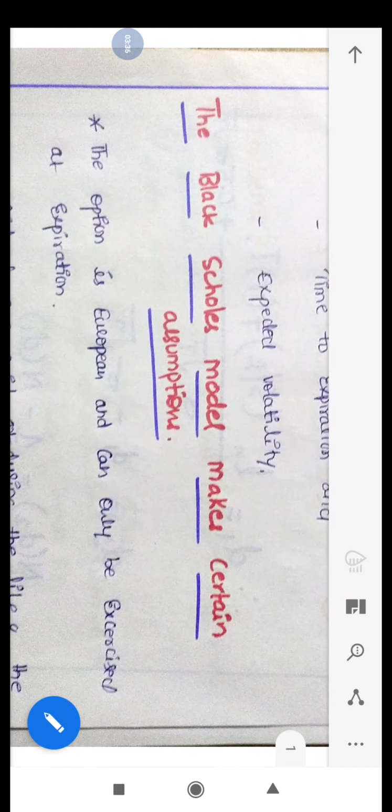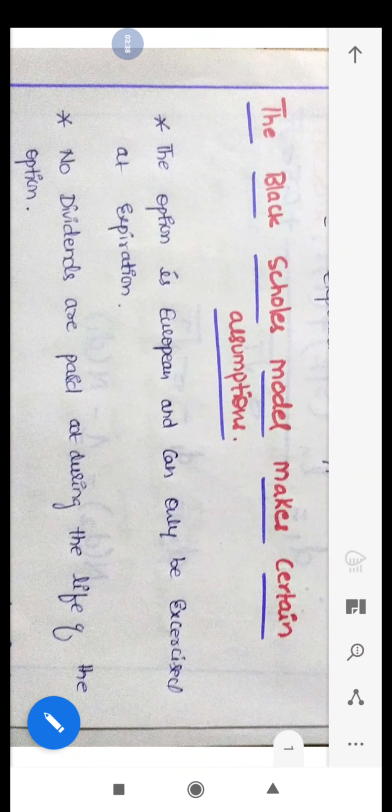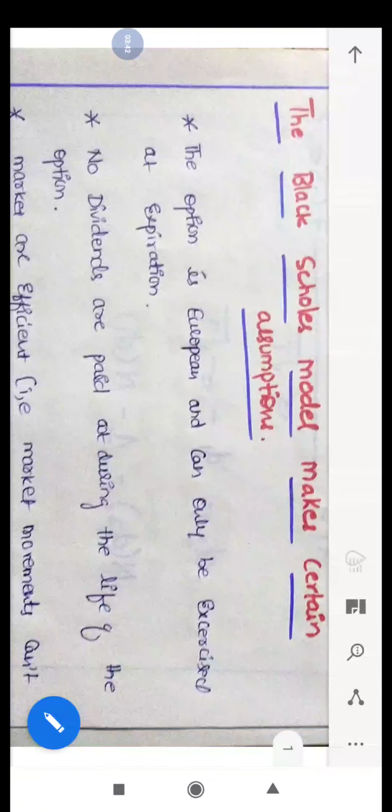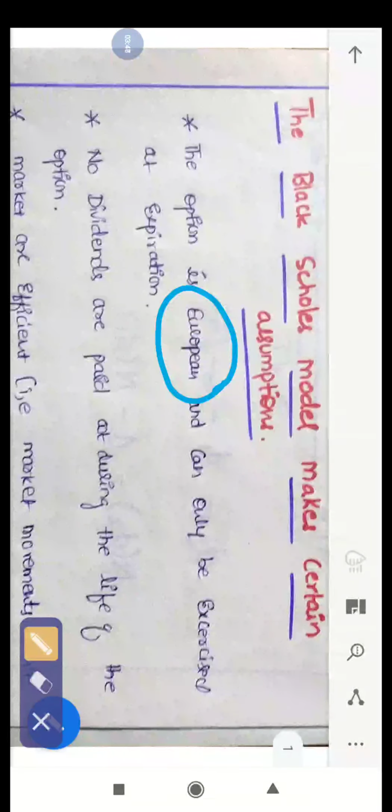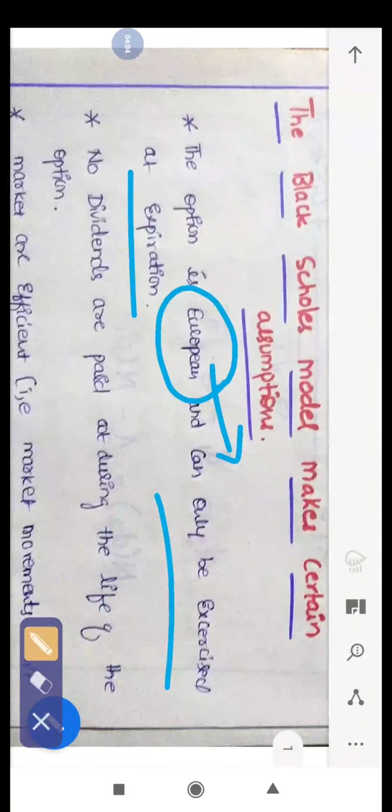Every model has certain assumptions, and this model also has some. The first assumption, which we have already discussed, is European: the option must be a European style option, that can be exercised only on the expiry date.